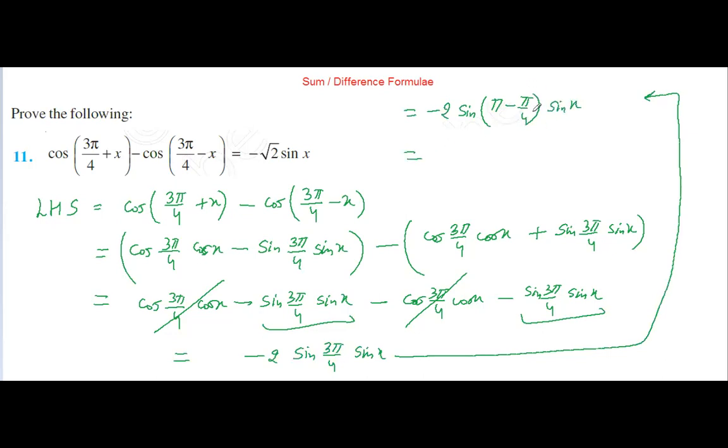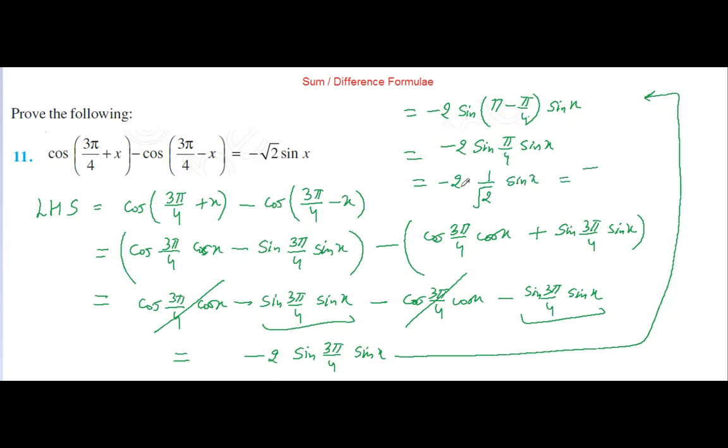Now for the acute angle pi by 4, sine of (pi minus theta) is sine theta. So minus 2 sine pi by 4 into sine x. Sine pi by 4 stands for sine 45 degrees, and so it is 1 divided by root 2 into sine x.